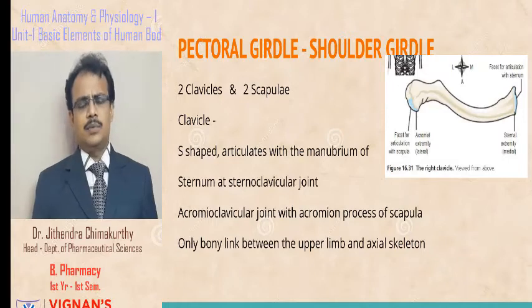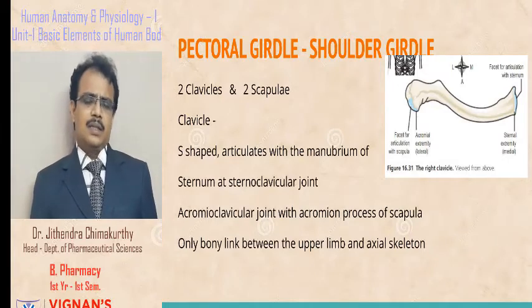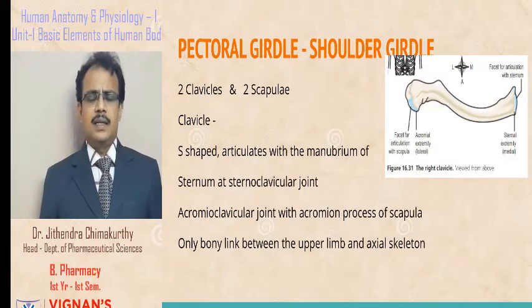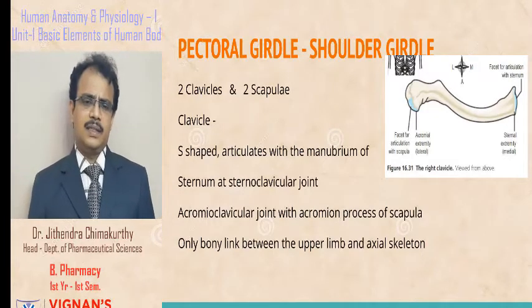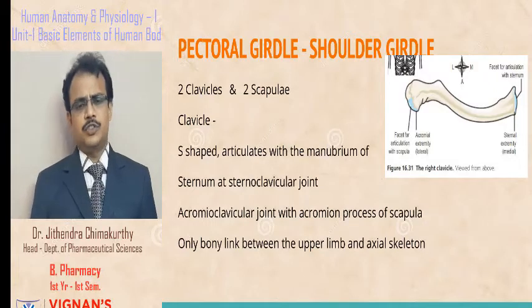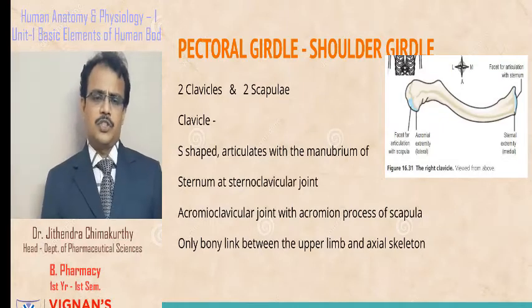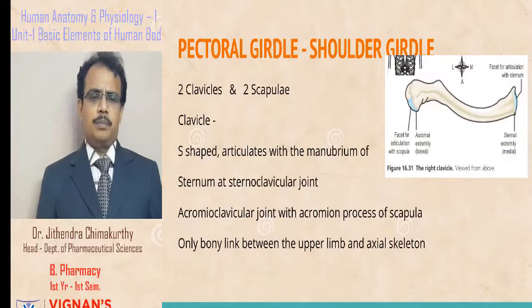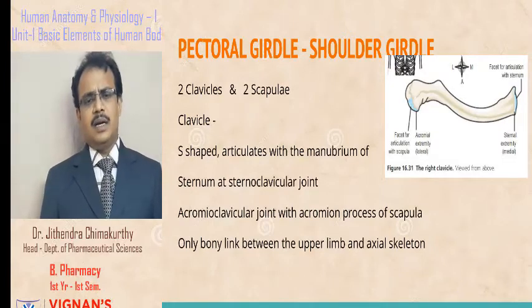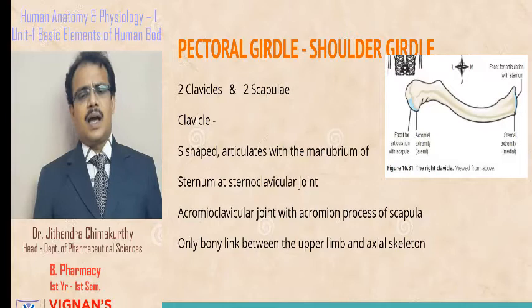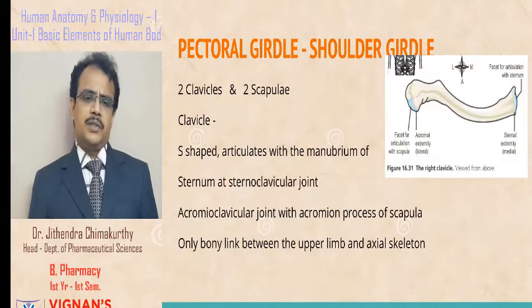Now let's see about the clavicle. The clavicle is an S-shaped collar bone and it lies on either side of the sternum. This clavicle has 2 extremities, one which forms a joint with the sternum called the sternoclavicular joint and the other which forms a joint with the acromion process of the scapula, and this joint is called the acromioclavicular joint.